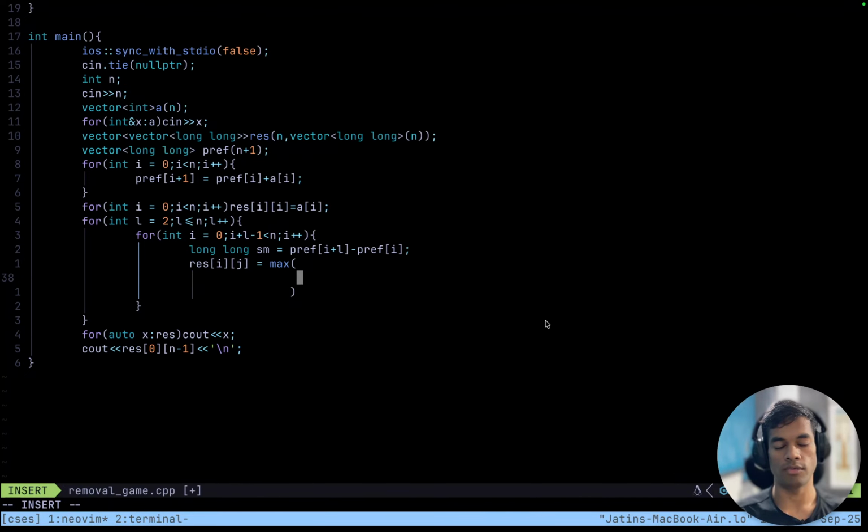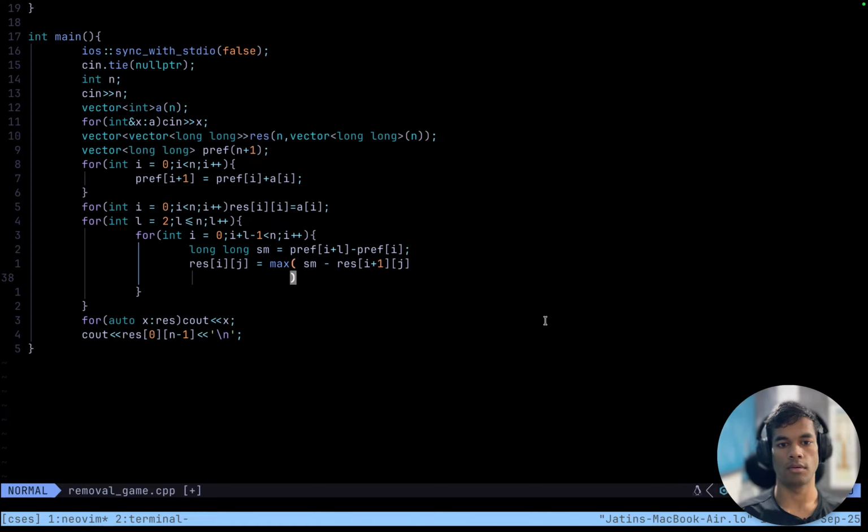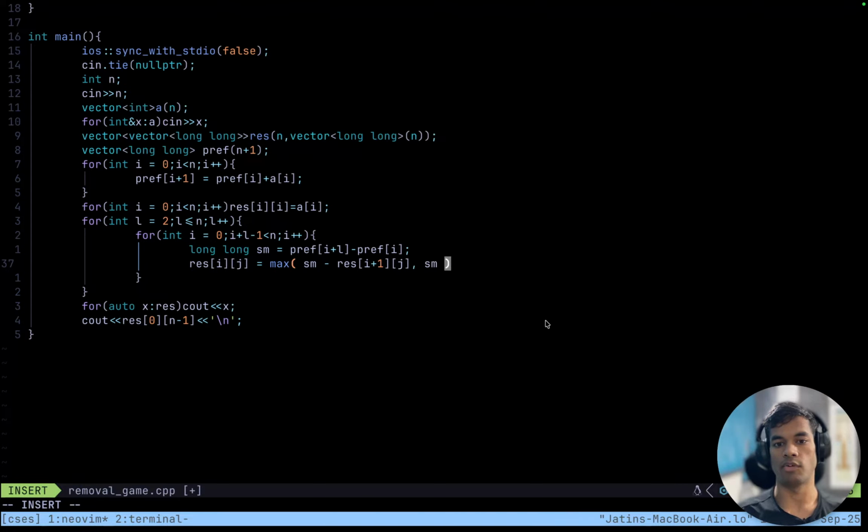And if we go with the first element, then what we get is sm minus res[i plus 1][j], comma sm. Otherwise, if you go with the right one, then res[i][j minus 1].